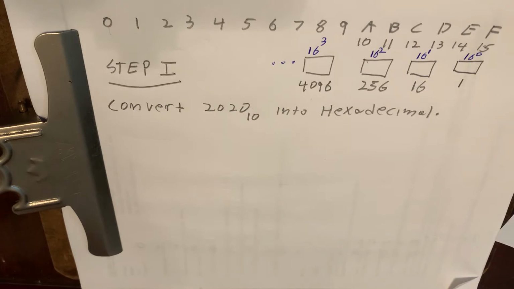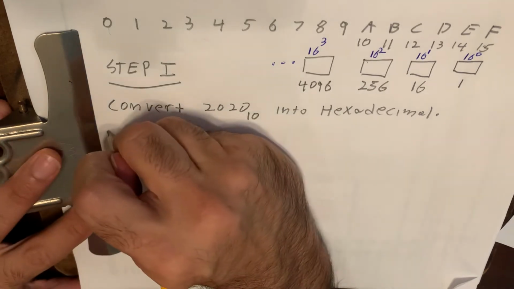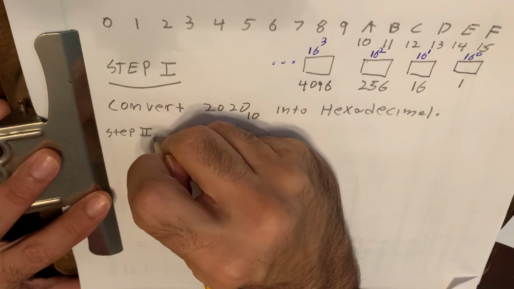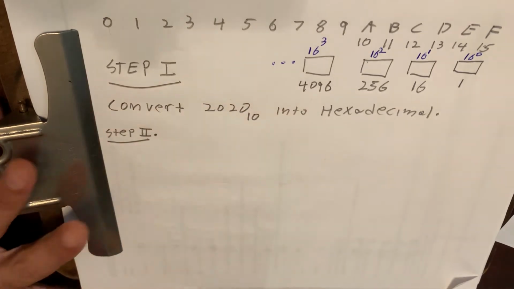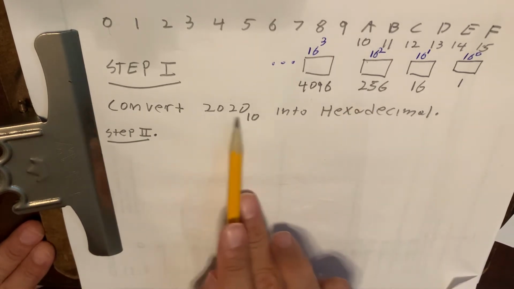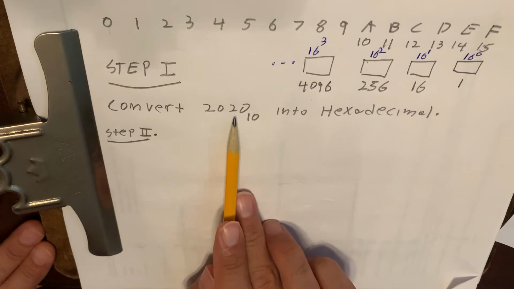Step 1 is simply to write out the place value system, which we did, and step 2 would be to find the largest place to put a value in that doesn't exceed the number we're trying to encode.